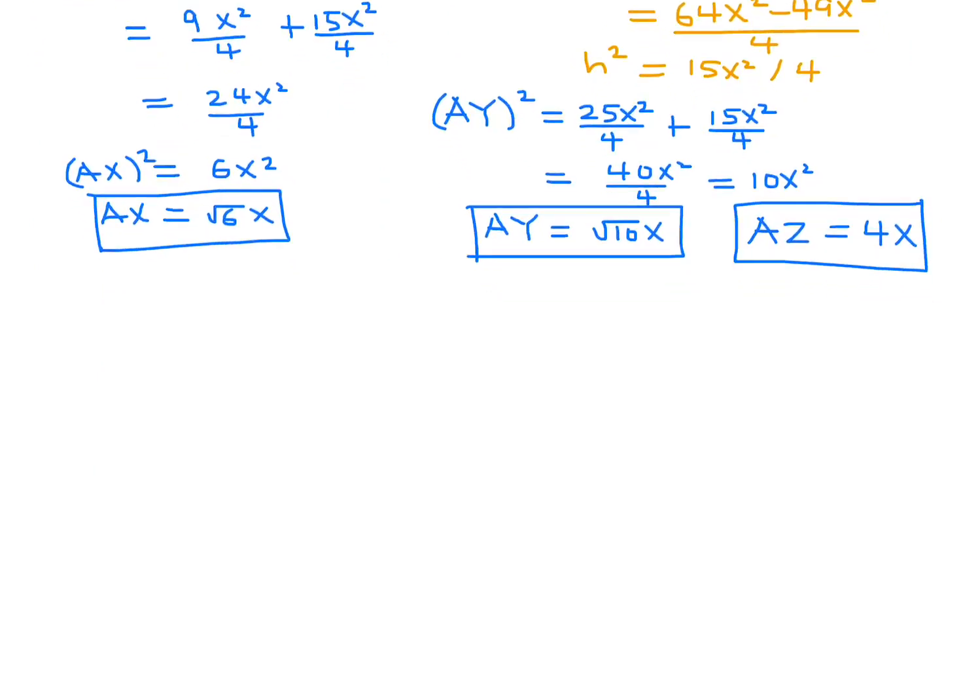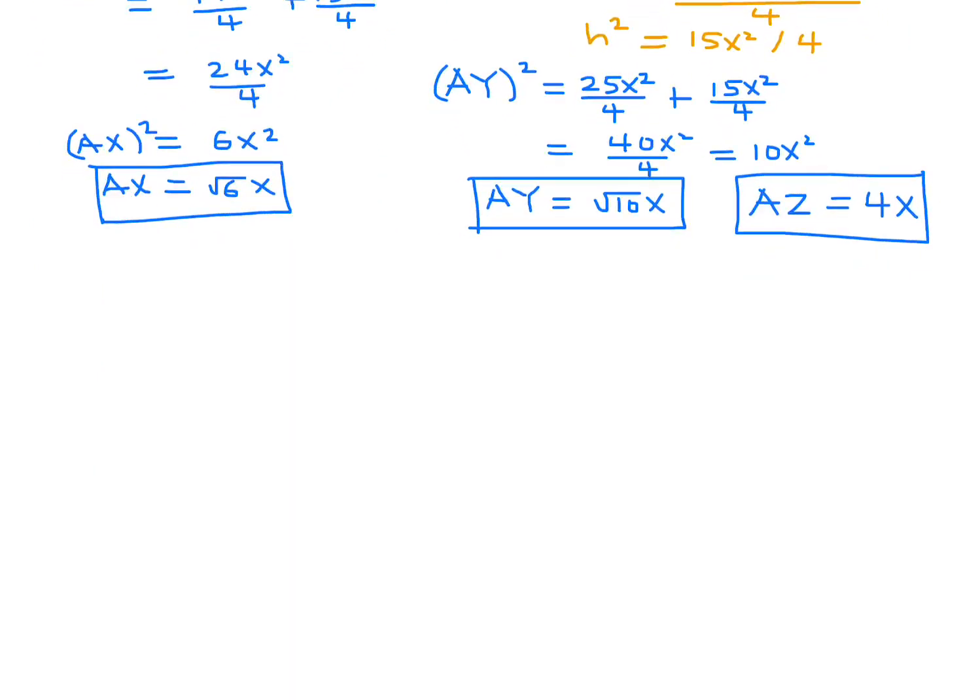Now at this point, you think, well, okay, I've got three sides of a triangle. How do I figure out the area? I mean, do I use Heron's? Some of you may not even be familiar with Heron's. Heron's is a really cool formula, where if you got three sides of a triangle, say A, B, C, and you don't know any of the angles, you can still figure out the area.